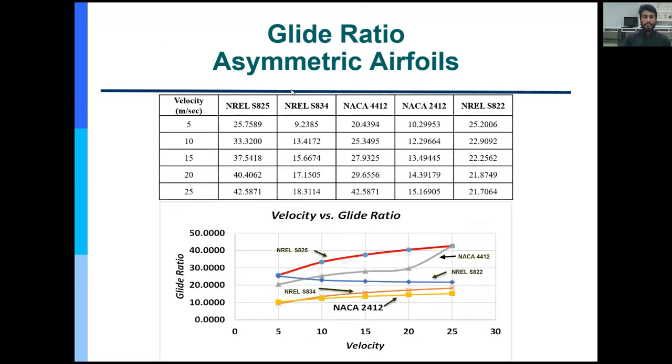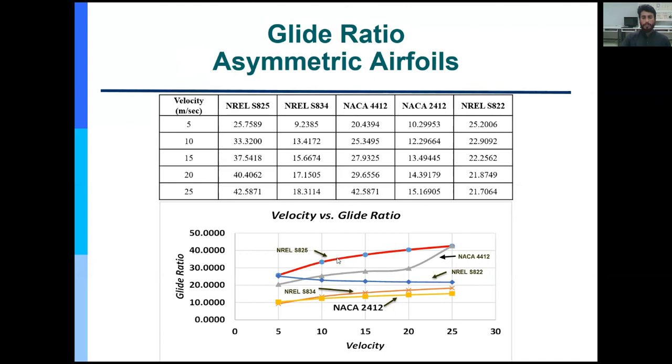This is the glide ratio for asymmetric airfoils. These are the wind velocity values, and these are the glide ratios for the different asymmetric airfoils. If we observe the graph, the glide ratio for NREL S825 is maximum.